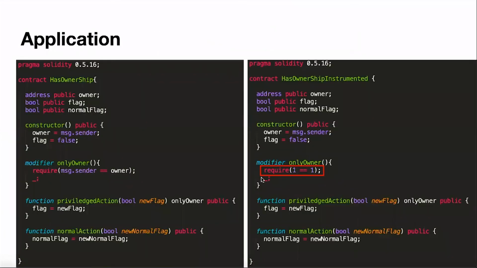Not necessarily, because sometimes the requirement is such that even the owner cannot get past it. Like this one, of course, but for other smart contracts that have more complicated logic, the owner still cannot bypass certain requirements.